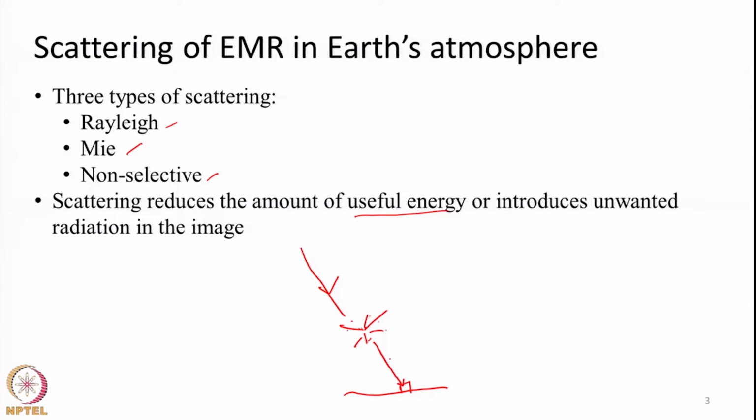So, scattering reduces the amount of useful energy in the given intended direction and also introduces some unwanted radiation in the image. Unwanted radiation in the sense, say here radiation is scattered in different directions. After some time, this scattered radiation also will reach the surface through different means or with different intensities.